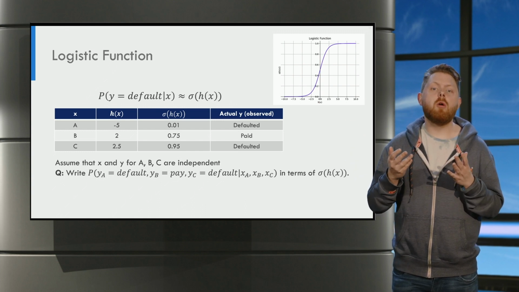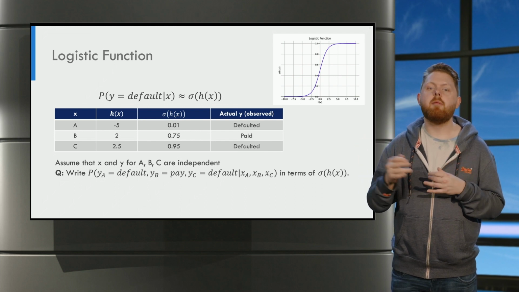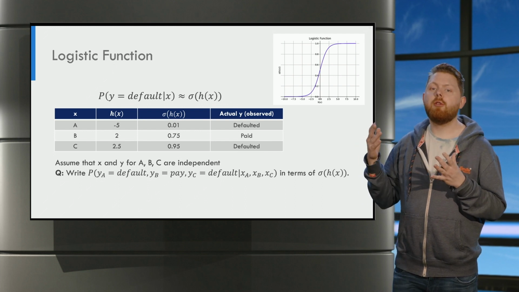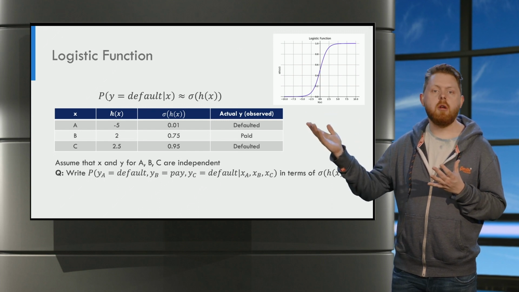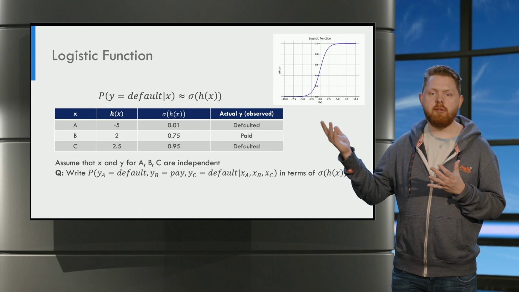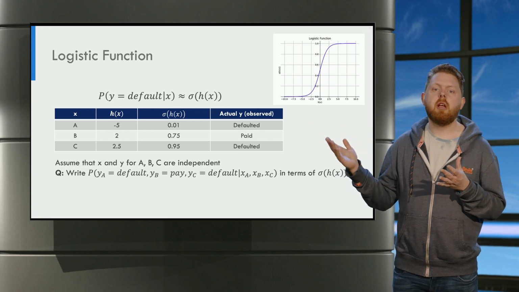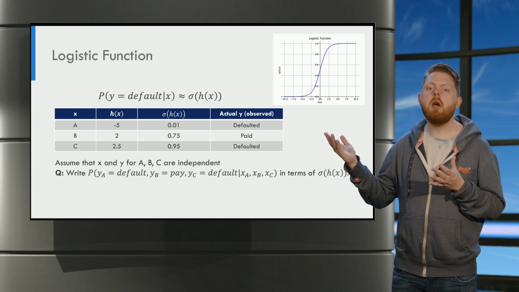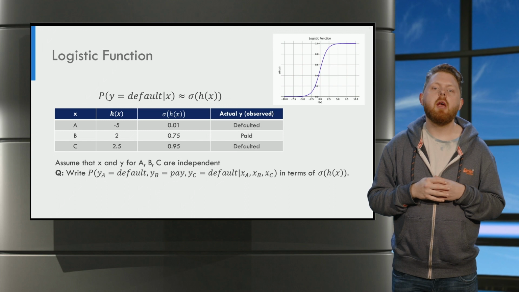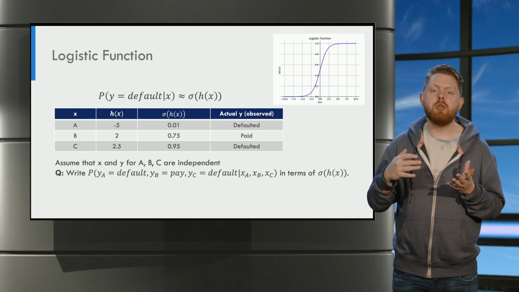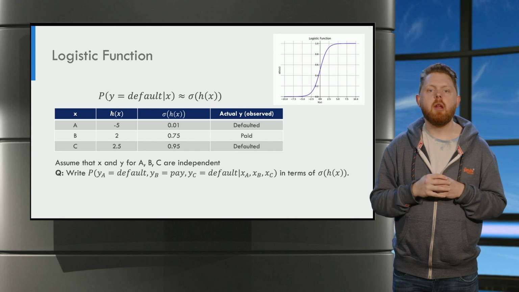Now we also know what happened in reality to person A, B, and C. We see that person A defaulted, person B paid back the loan, and person C also defaulted. Now we're going to assume that the variables x and y for person A, B, and C are independent. This means that the loans of A, B and C are not related.